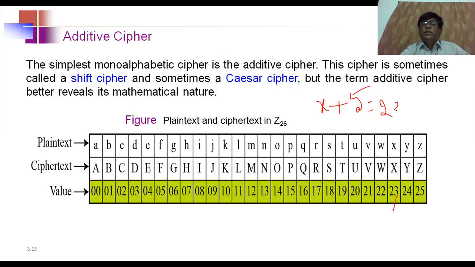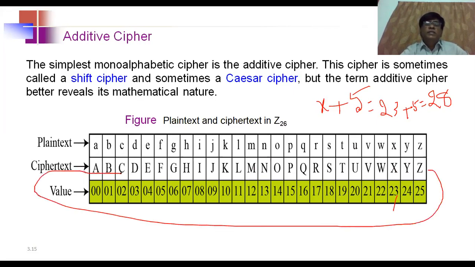So 23 plus 5 is actually 28, but there is no 28 in this set. That's why X plus 5 means from X, five characters: Y, Z, then it comes back to A, B, C. So X plus 5 should be C.